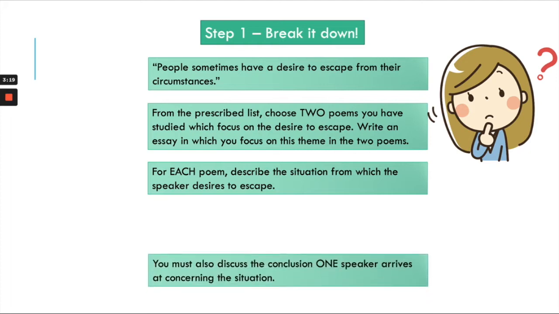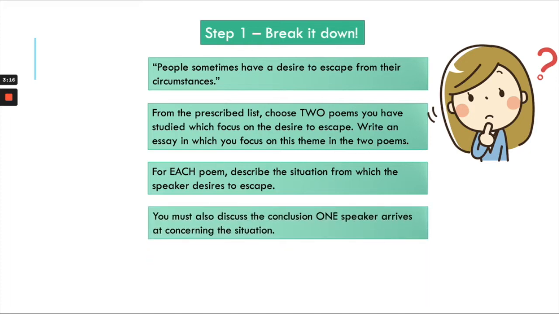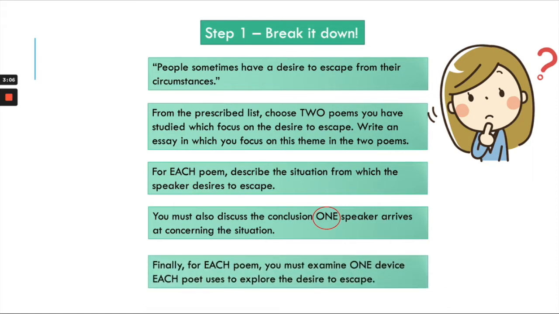After that, you must also discuss the conclusion one speaker arrives at concerning the situation. Make sure you pay attention to the wording. Finally, for each poem, you must examine one device each poet uses to explore the desire to escape. The last part of the question will always ask about devices, so make sure you know them.